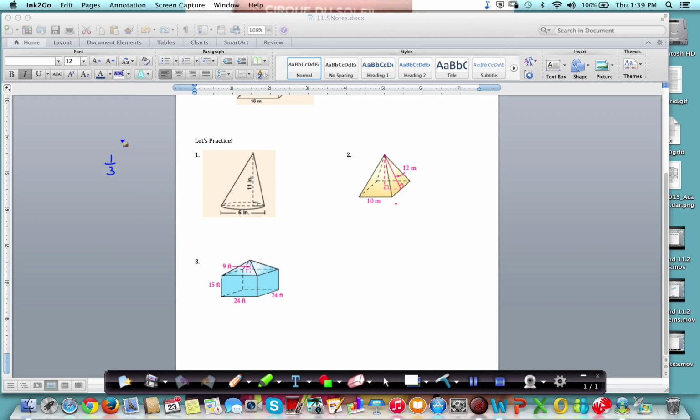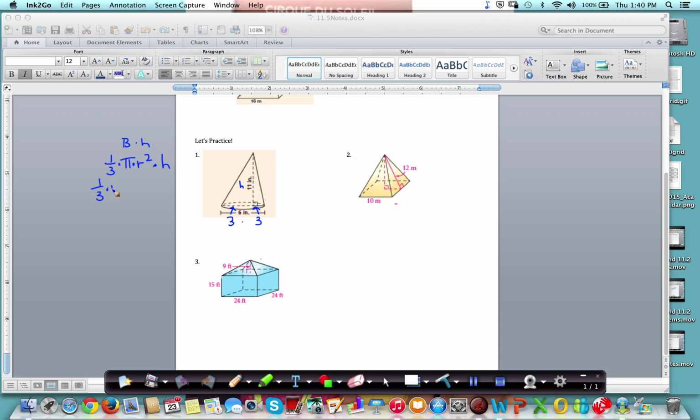1/3 the base times the height. The base is a circle, so pi r squared h. Okay, radius is half, 3 and 3, right? 3 and 3, and I have my height at 11.